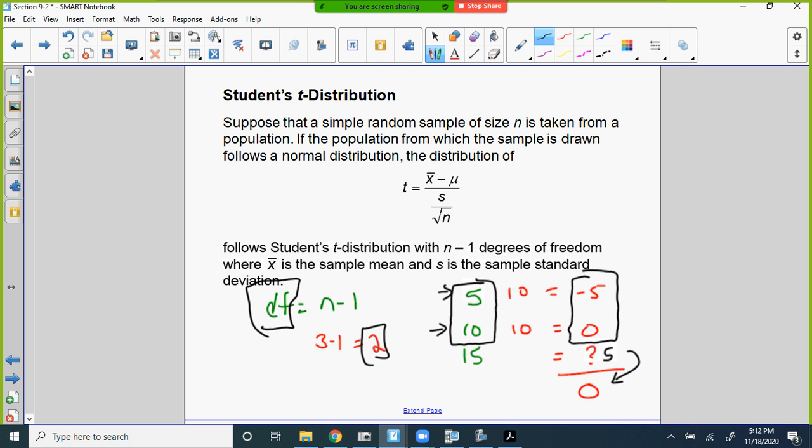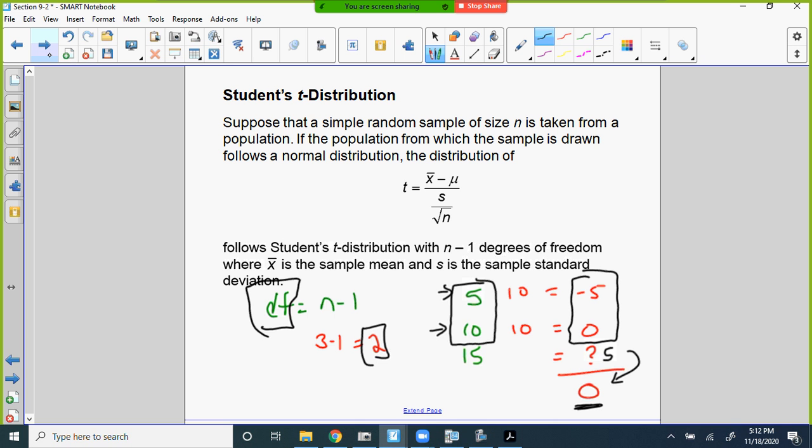The degrees of freedom is the amount of numbers that can vary within your sample, because there'll always be a certain amount that's fixed to make it be 0. Okay, I guess that's better than just saying degrees of freedom is n minus 1. Hopefully that gave you a little bit deeper understanding of what degrees of freedom is.